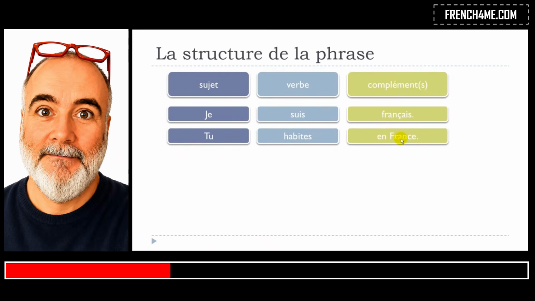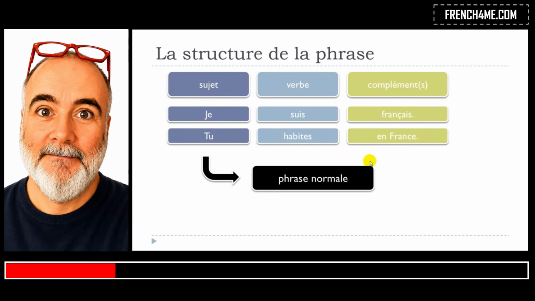Okay, you introduce a place here. Tu habites en France. Okay, but then we keep the same order, because that's normally the way we should do it. So first the subject, then the verb. Same thing here, you conjugate it according to tu, and after that, in that case, you will put en France.